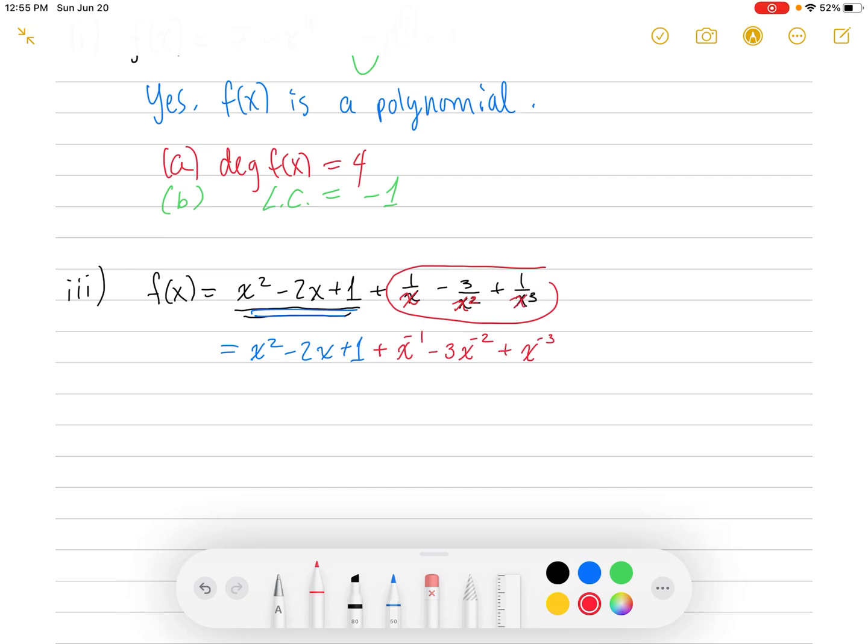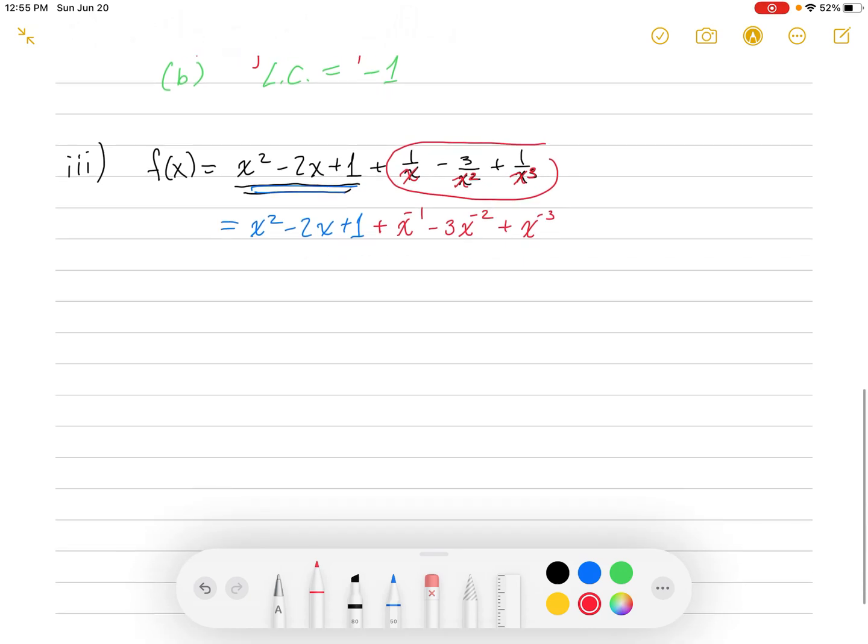And with x cubed in the denominator, you can take that up top, and it becomes x to the minus 3 power. This is something you would have learned in a more basic algebra course, which we do in our college algebra course, a sort of prerequisite for this. So hopefully you've seen that.